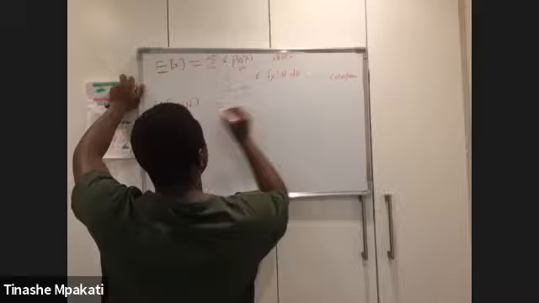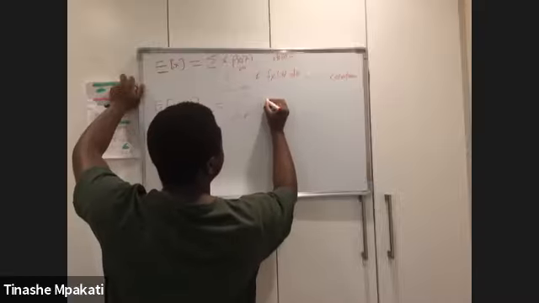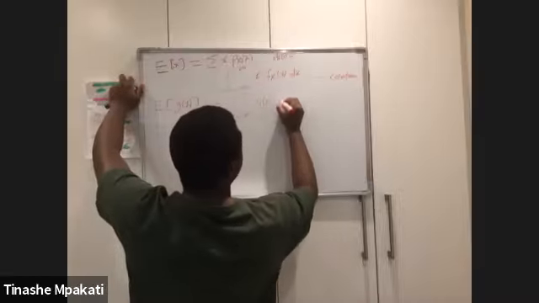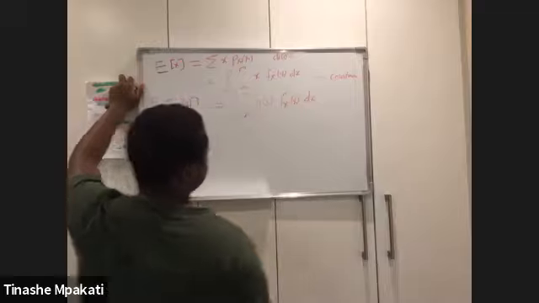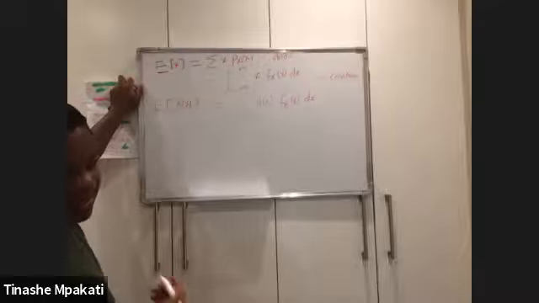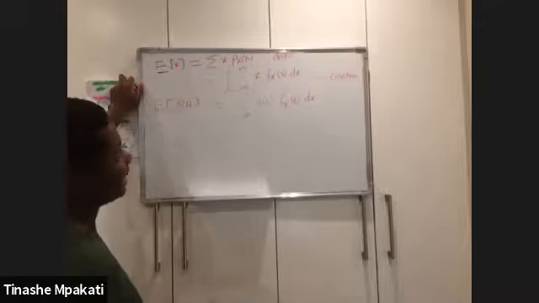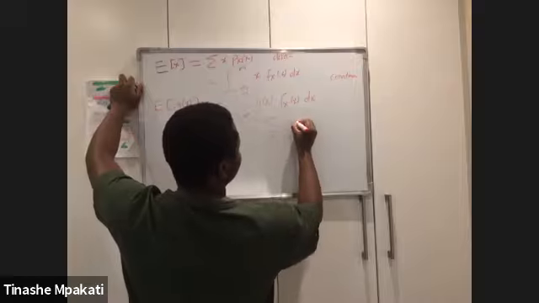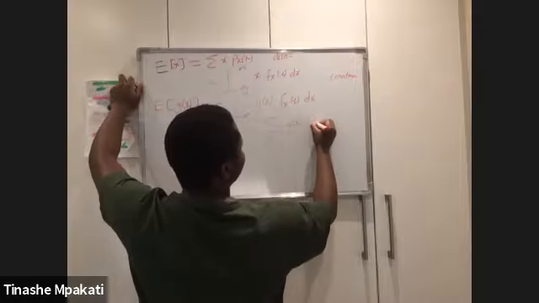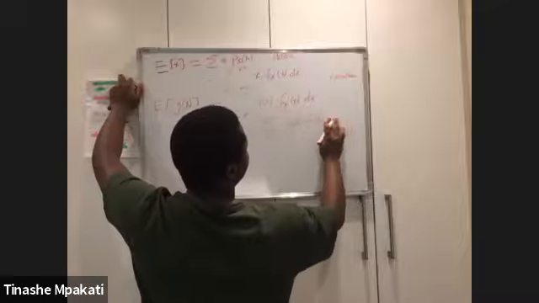What are you integrating? The function that is in terms of x, g of x, multiplied by the PDF of X with respect to x. This is in a continuous case, which means that if you're dealing with a discrete case, you will simply be summing across x, g of x multiplied by f of x, no need for a dx here.